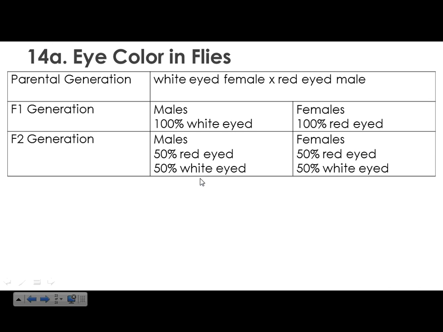Next question. A group of scientists were studying the gene for eye color in fruit flies. They began by mating pure breeding white-eyed females. So they mated a pure breeding white-eyed female with a pure breeding red-eyed male. Pure breeding means that it is homozygous.